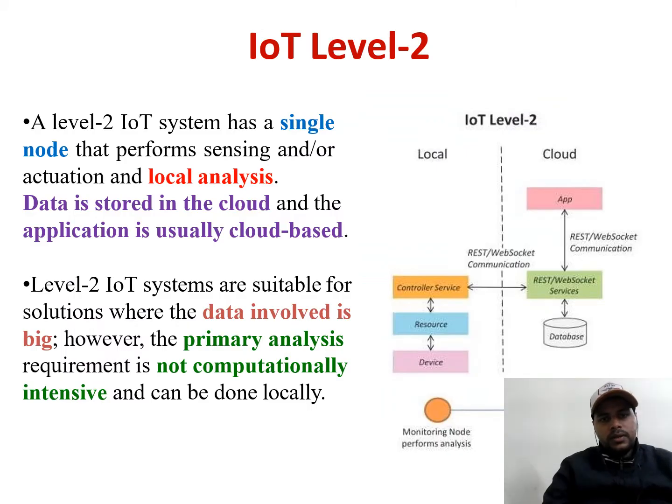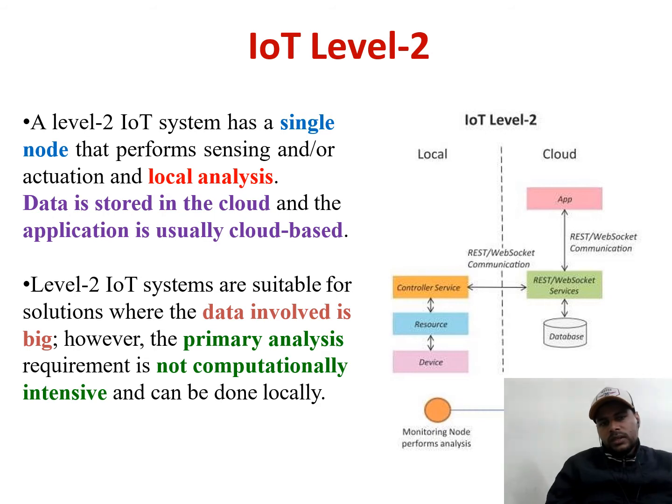Next IoT level is IoT level 2. A level 2 IoT system has a single node that performs sensing or actuation and local analysis. Data is stored in the cloud and the application is usually cloud based. Level 2 IoT systems are suitable for solutions where the data involved is big, unlike level 1 where the data size is very small. However, the primary analysis requirement is not computationally intensive and can be done locally.